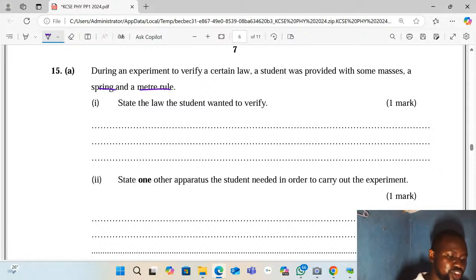Number one, you give the name of the law, or number two, you state the law the way it's supposed to be stated in a statement form. Therefore, the law which is required here is Hooke's law.